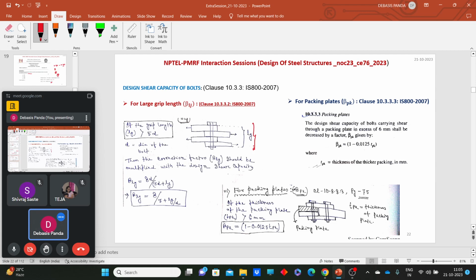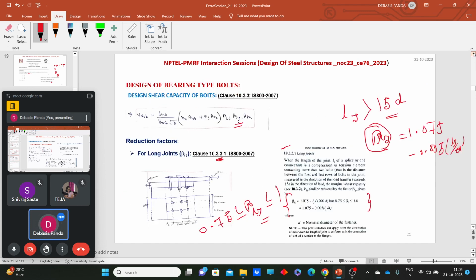How can we calculate the grip length? Just the sum of the thickness of the plates. And how can we calculate the length of the joint? You need to add the pitch distances and end distances. Here you can see the length of the joint for a particular connection.